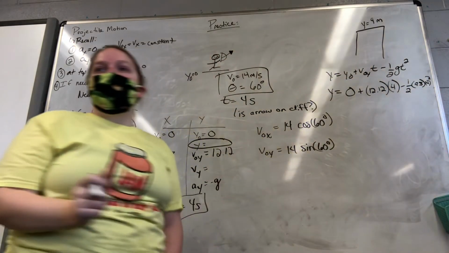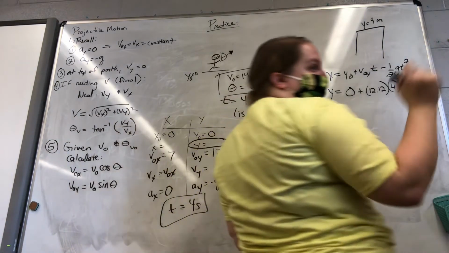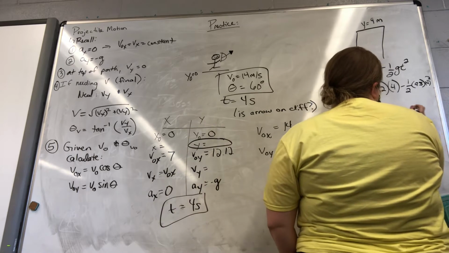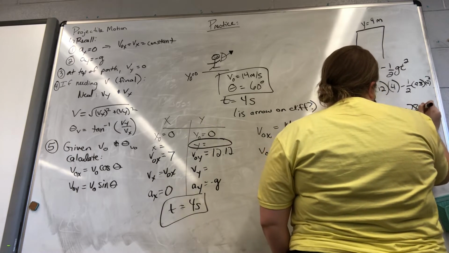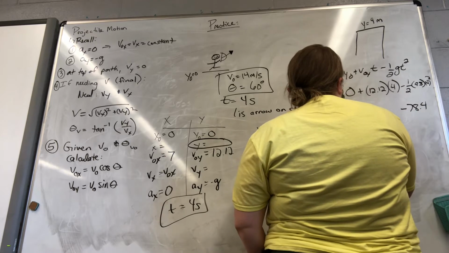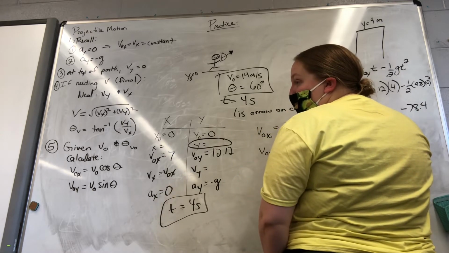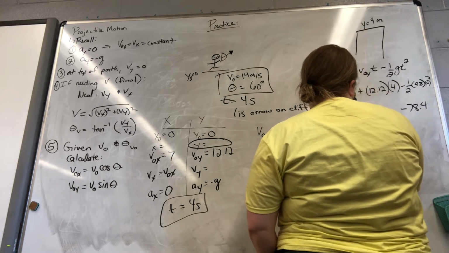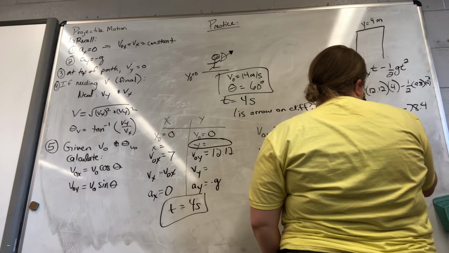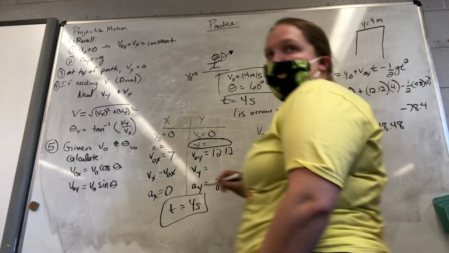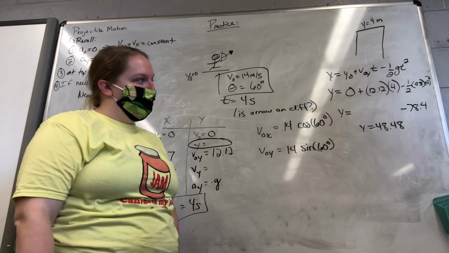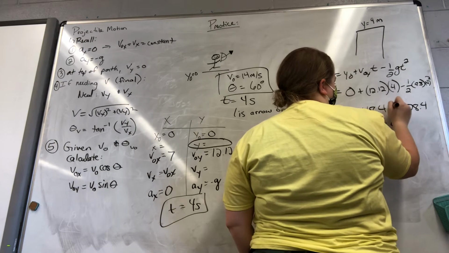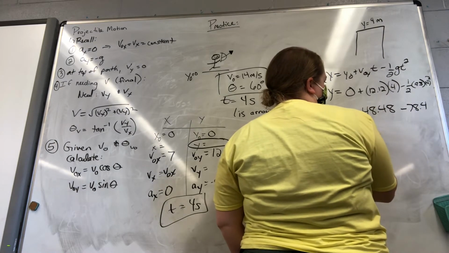Four times 4 is 16. Times 4.9 is 78.4. And then 12.12 times 4 is 48.48.